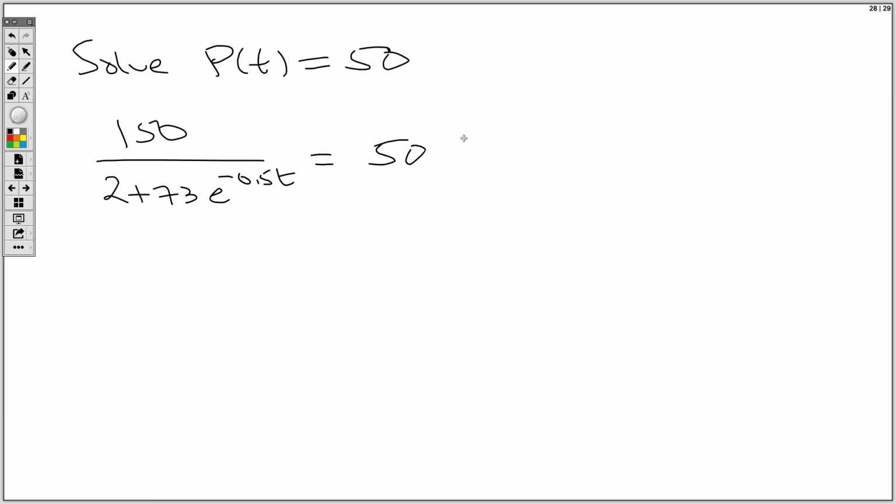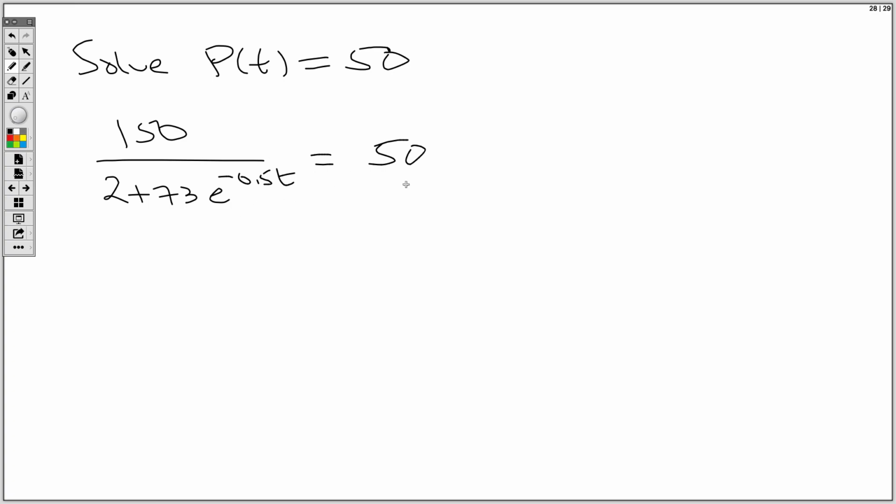So this is like one of those equations we had back on Thursday. We've got the t that's in the exponent. It's being multiplied by negative 0.5. Put on e as an exponent, multiply by 73, adding 2 to it, and dividing it into 150. So to isolate the exponential, we got to first chase it out of the denominator.